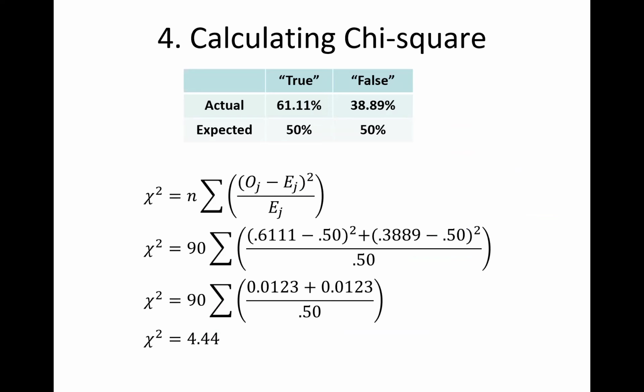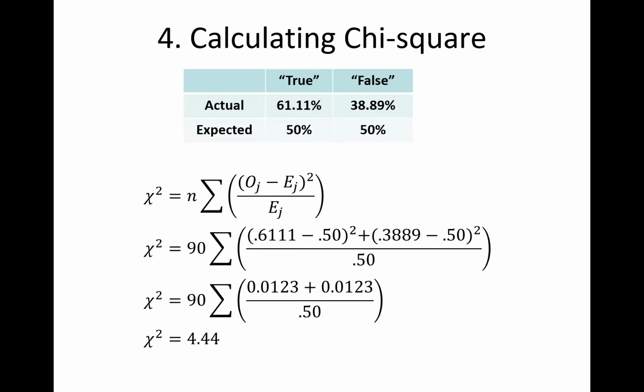Okay, so the first term in the numerator is our observed value, 0.6111 or 61%, minus our expected value, 0.50, 50%, the null expectation. The difference between those two squared.